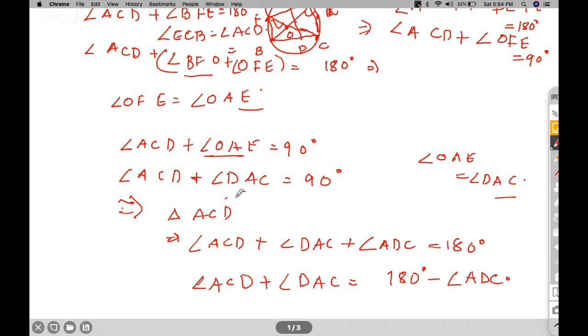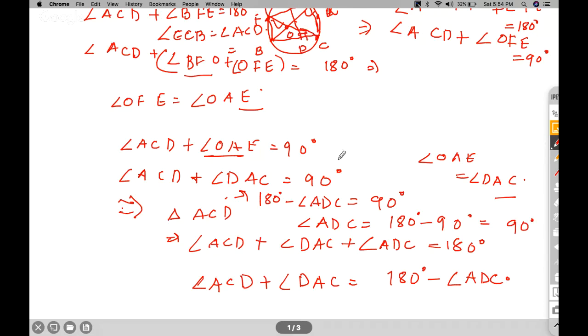So I can write this as 180 degrees minus angle ADC is equal to 90 degrees. So angle ADC is equal to 180 degrees minus 90 degrees, which is 90 degrees. So this angle ADC is 90 degrees, hence AD is perpendicular to BC. This is what we had to prove.